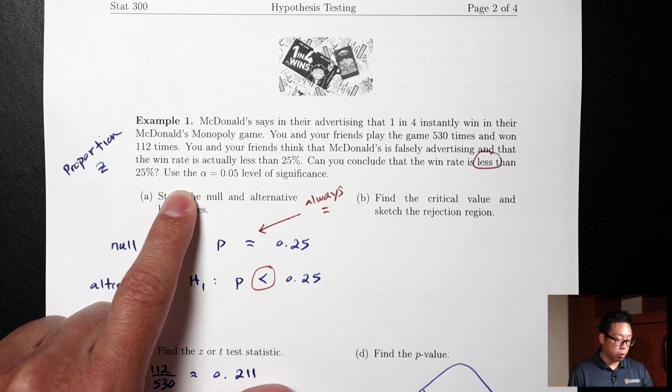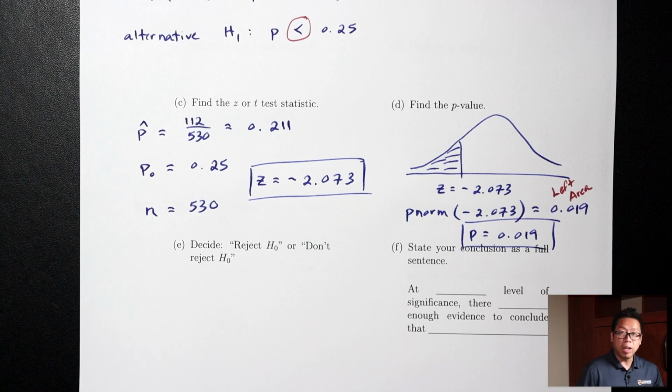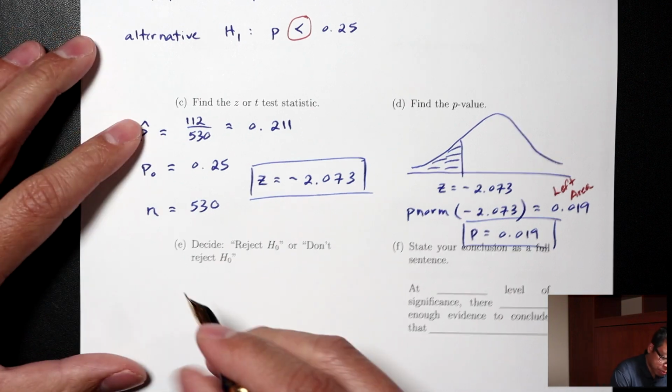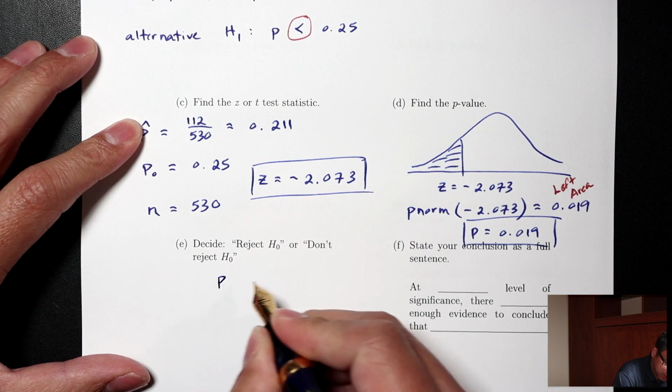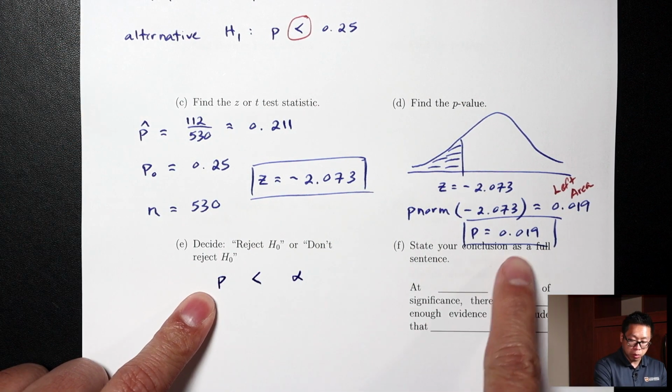Use the alpha equals 0.05 level of significance. So if the p-value is less than that alpha, then it's considered to be low. Okay, if it's not less than, it's not considered to be low. So we're going to check whether our p-value is less than the alpha. Our p-value was 0.019.